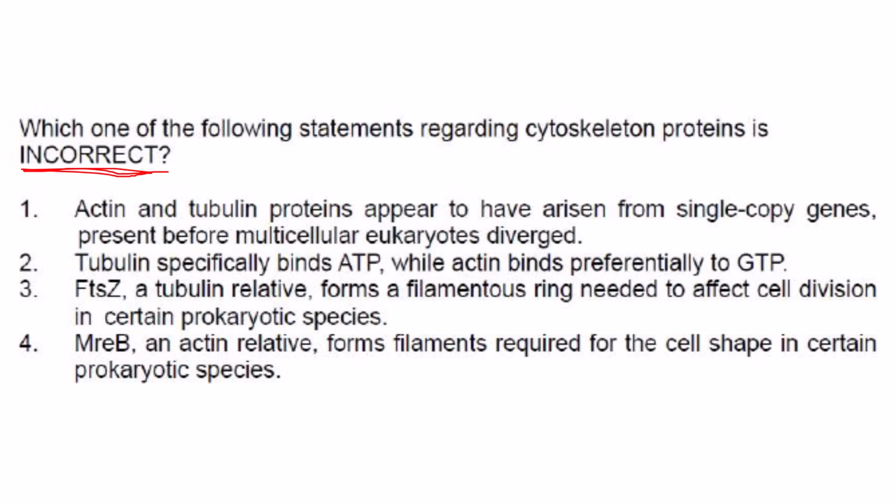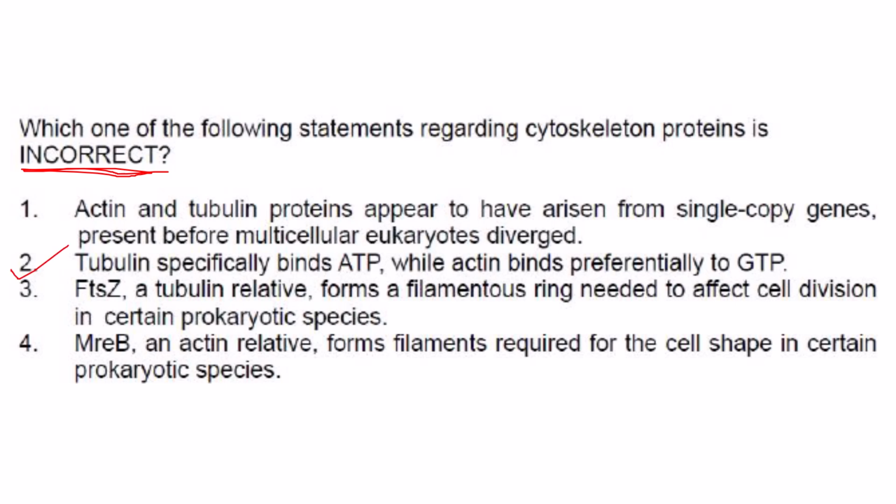That is regarding the evolutionary origin of actin and tubulin. Now, tubulin specifically binds ATP while actin preferentially binds GTP. That is the incorrect statement. Actin binds ATP and tubulin binds GTP. So remember, actin A, ATP binding. Tubulin T, GTP binding. Okay. So answer is option 2.